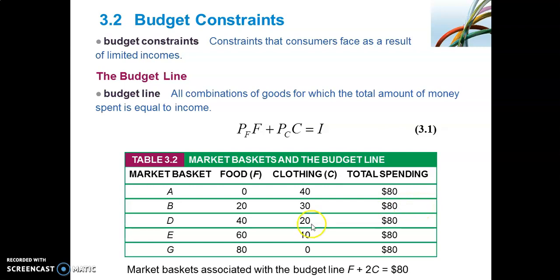Similarly, 60 units of food times 1, because that is the price, plus clothing at $2 per unit times 10 would give you 20. 60 plus 20 would give you your $80 of spending equal to your income. Right, so that explains table 3.2.